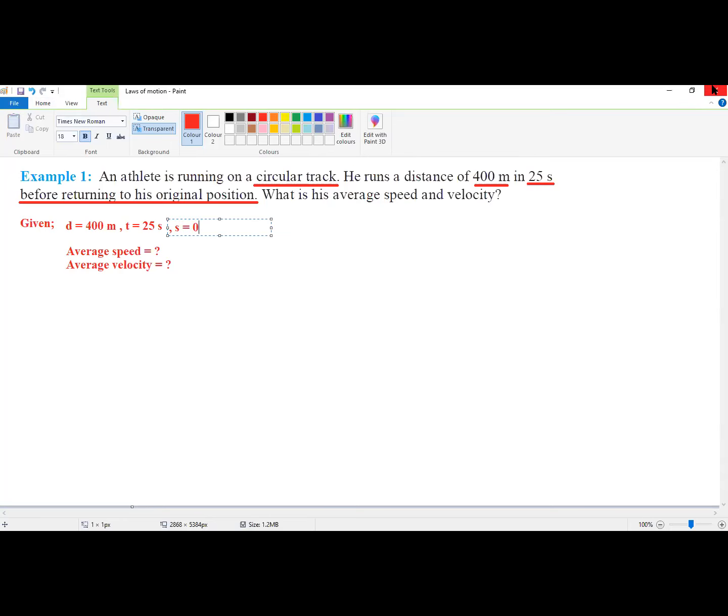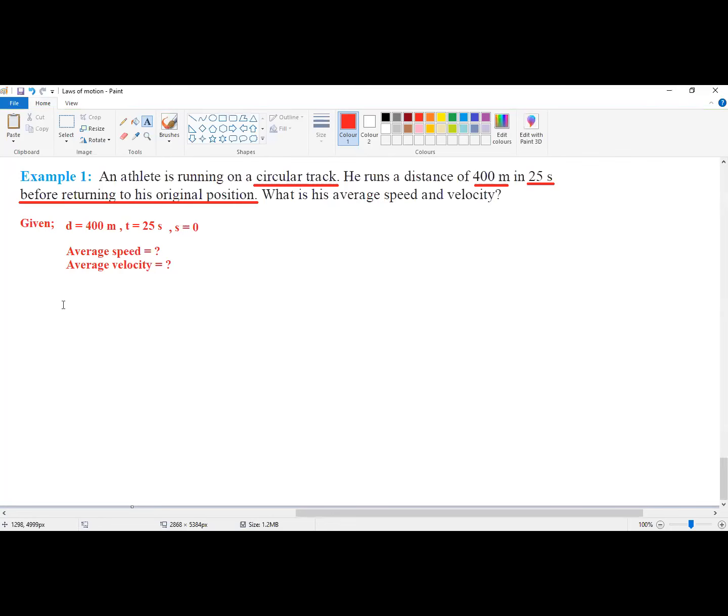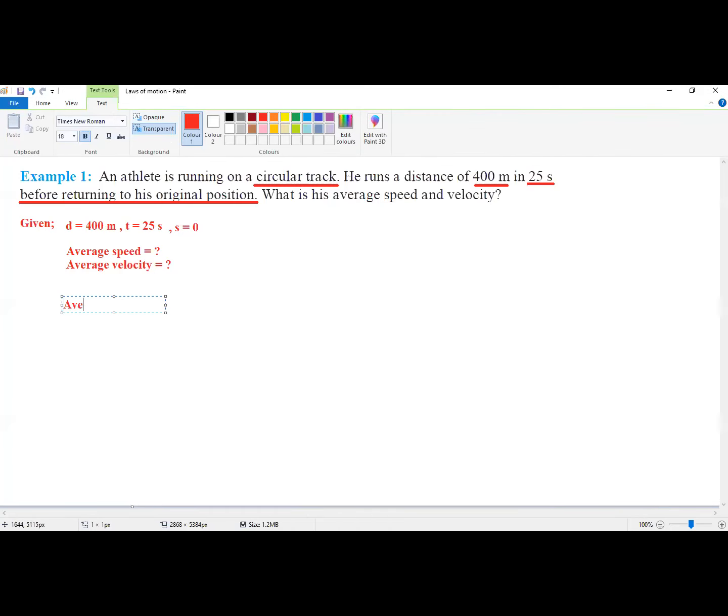So the average speed is equal to total distance covered per unit time.